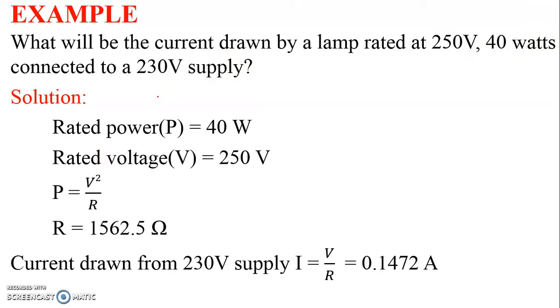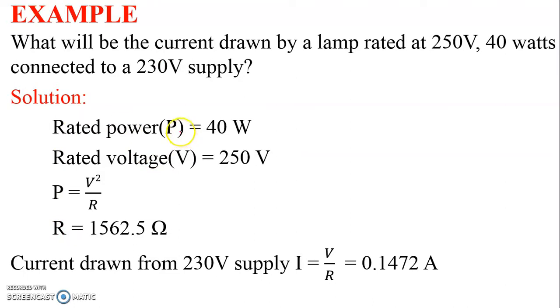In the solution, the rated power P equals 40 watts and the rated voltage V equals 250 volt. We want to calculate the current at 230 volt supply. For that we need to calculate the resistance.